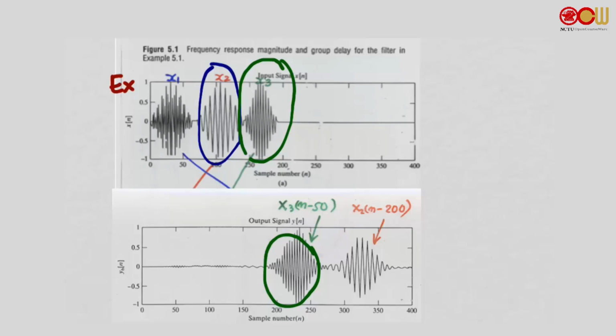And from here we can also understand why the unit in group delay is samples, because it represents the number of samples that a narrowband signal will get delayed when the narrowband signal is centered at that frequency.